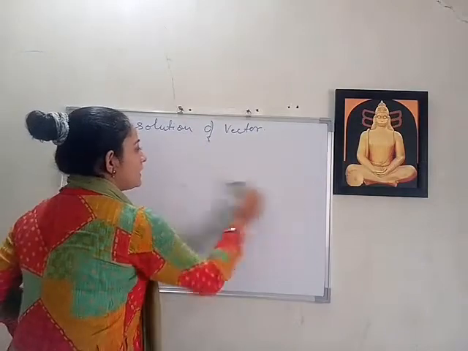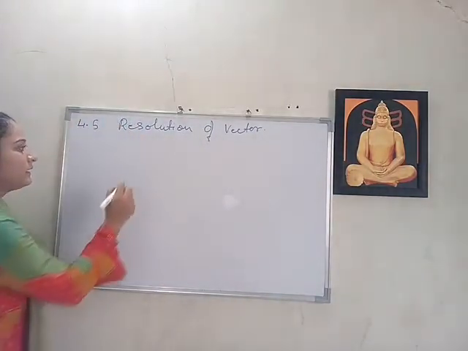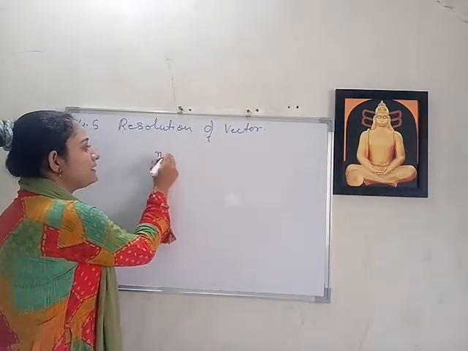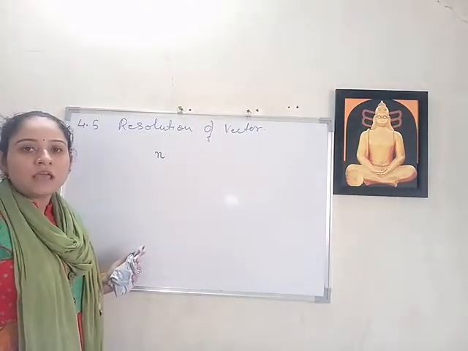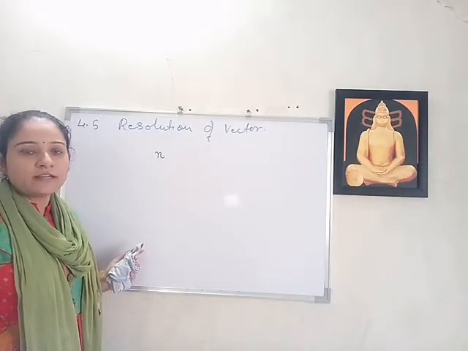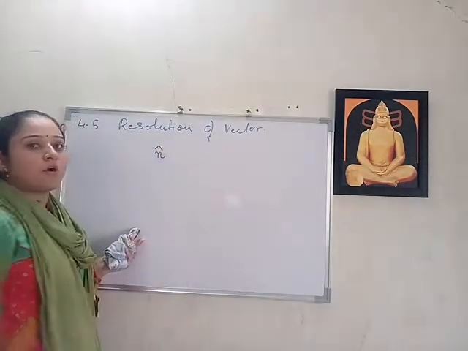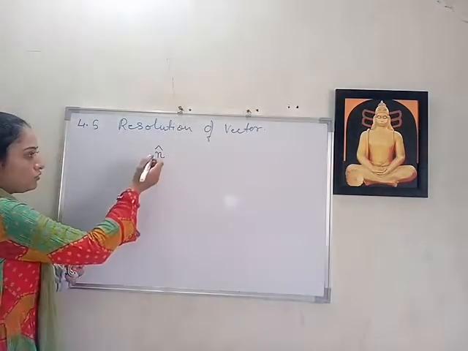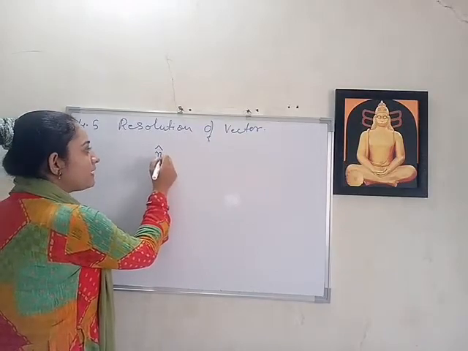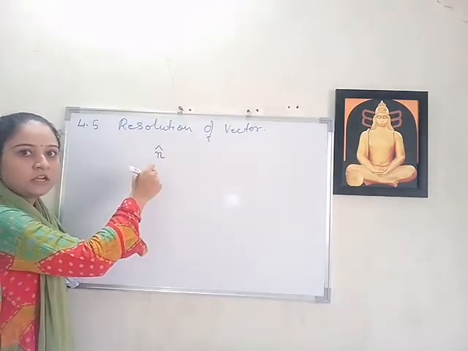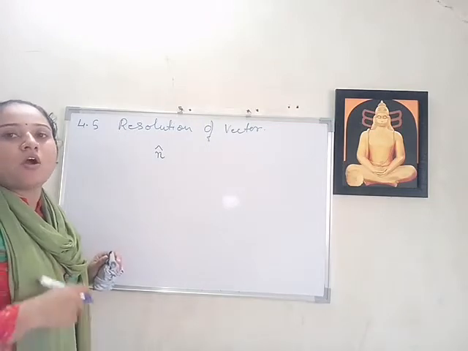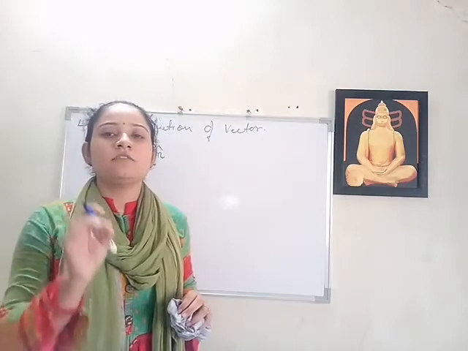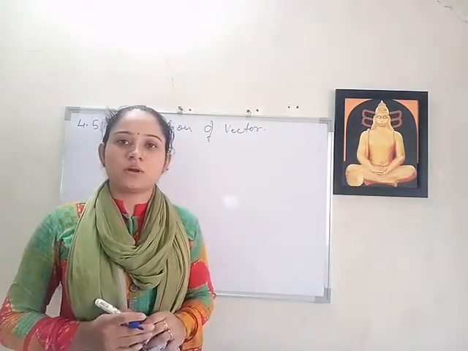Now consider, for example, that n is a unit vector. As it is a unit vector, I am not writing it in bold, so I will put a cap on it as it is a vector. When we multiply a vector with any scalar quantity or any real number, the result will always be a vector quantity.